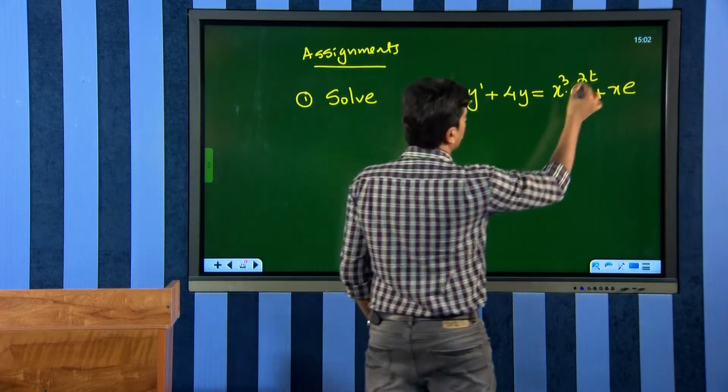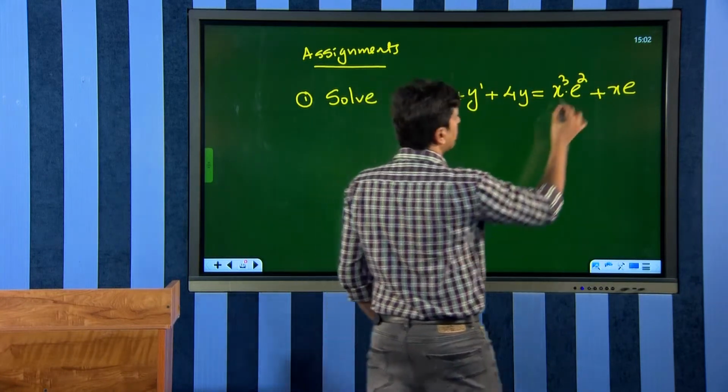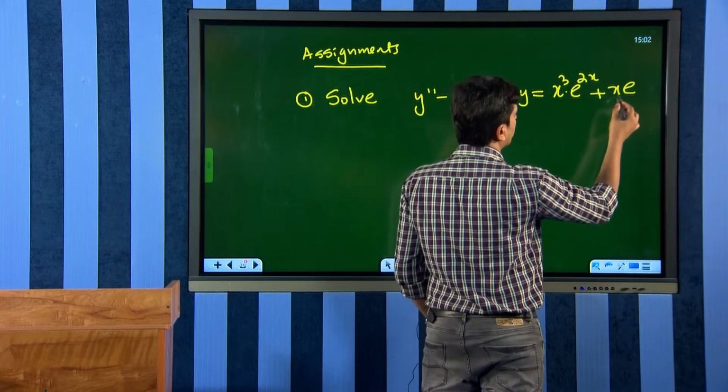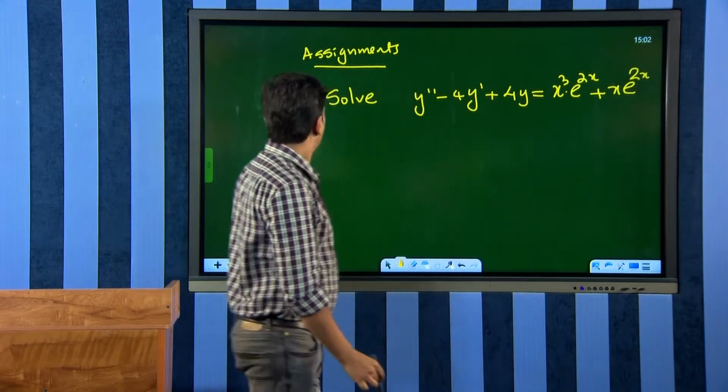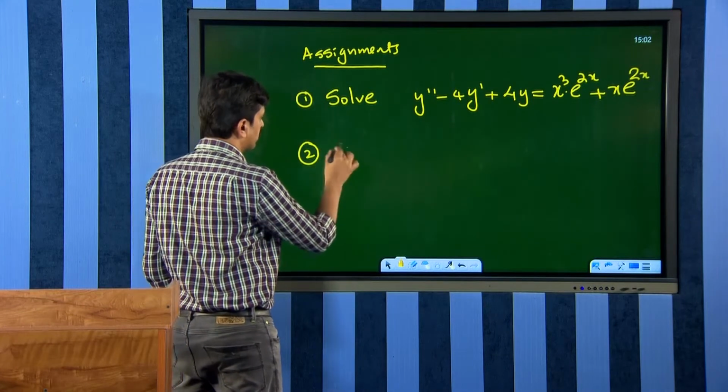Instead of t, I would like to consider x as the independent variable, therefore x cube e raised to 2x and x e raised to 2x. I would like to give you one more question.